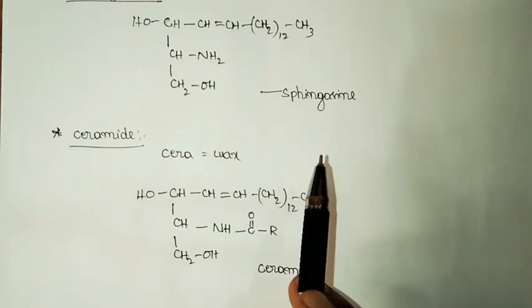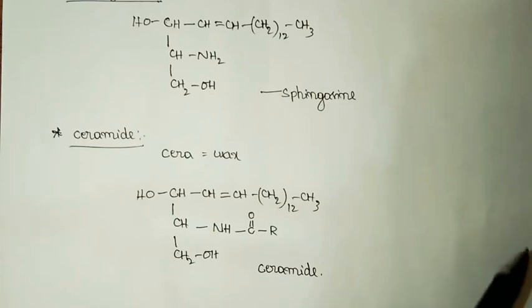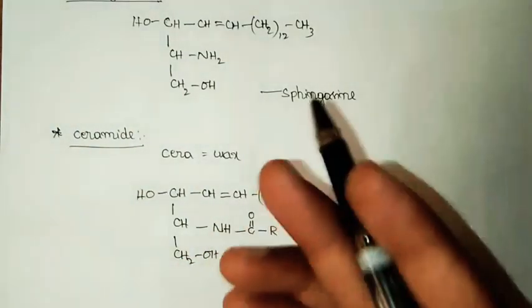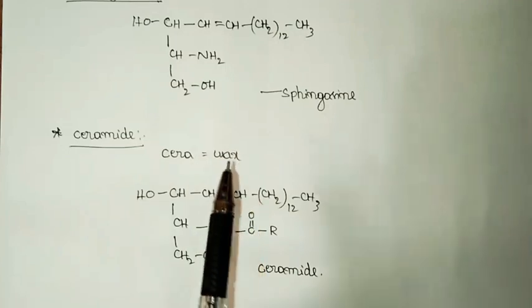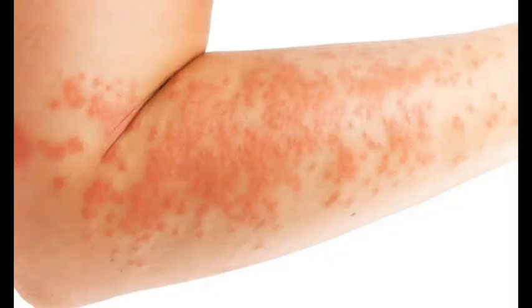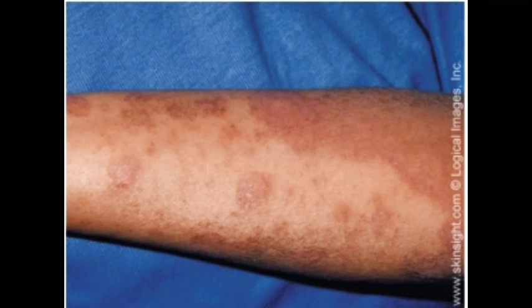Atopic dermatitis is simply the creation of gray and white patches on the skin, ankles, legs, and the neck, as well as other parts of the body. You can see in this picture the development of patches on the skin, and this is mainly due to deficiency in the ceramide content in the skin.